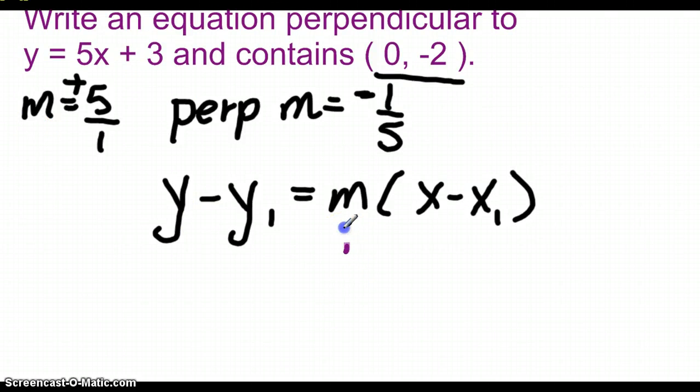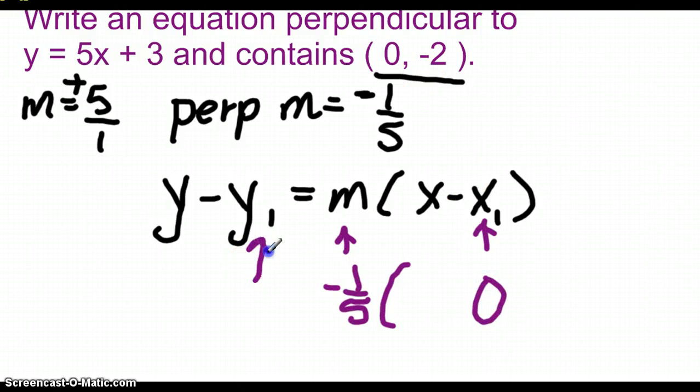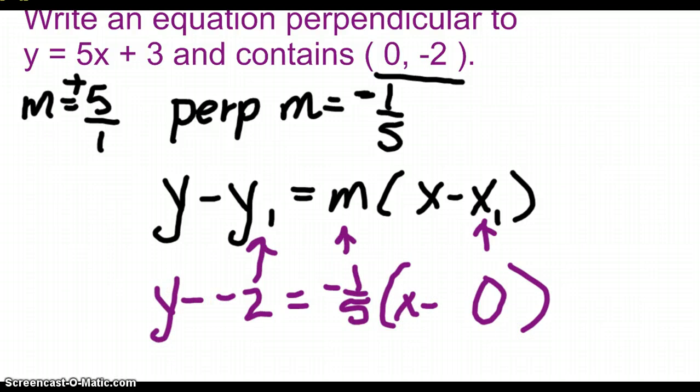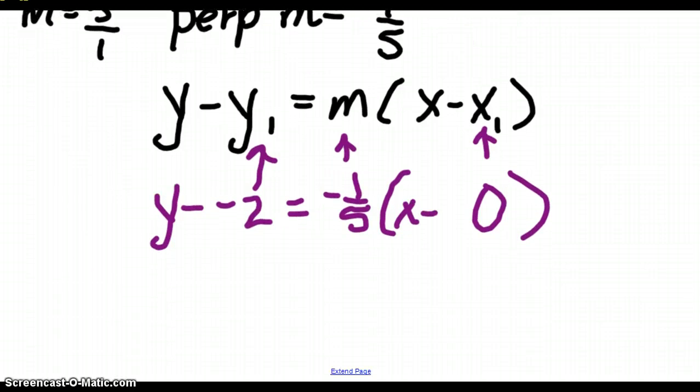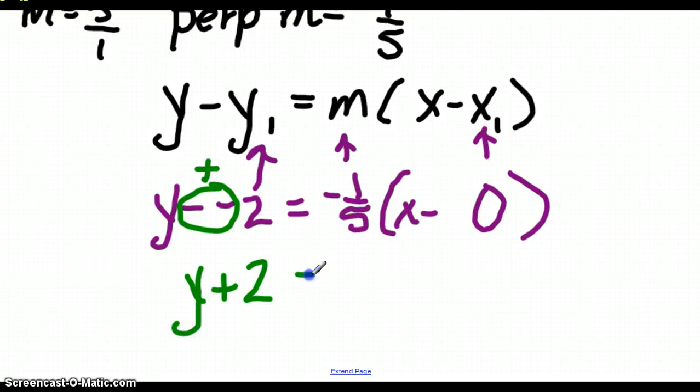In this one, the slope is going to be that negative 1/5. My x value in this point is 0. My y value in this point is negative 2. Now I'm going to bring down the rest of my problem. Just like we talked about in the last one, I can see how this is going to be a plus, so y + 2.